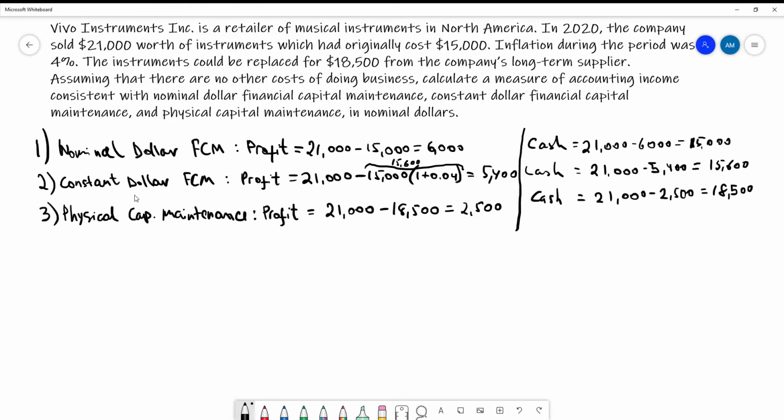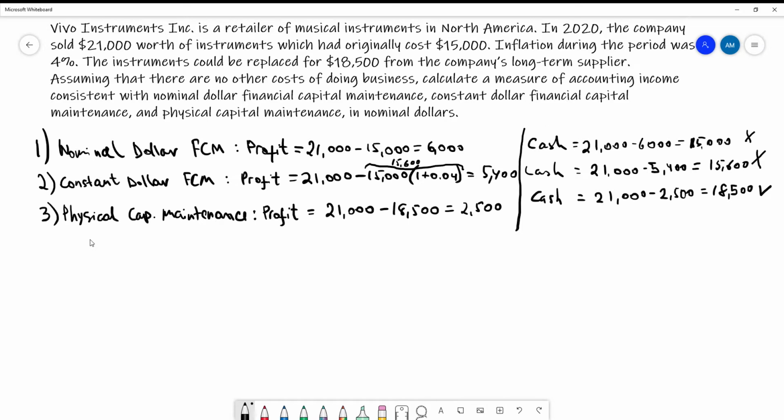So it looks like only under the third approach here, under the physical capital maintenance approach, the company can replace its inventory, right? For the other two approaches, it doesn't have enough cash to go and buy inventory or replace that inventory that it sold in 2020. So only this third approach gives us enough cash to replace inventory.